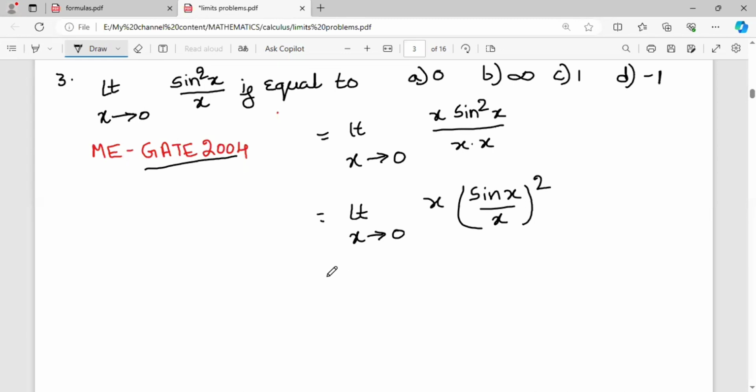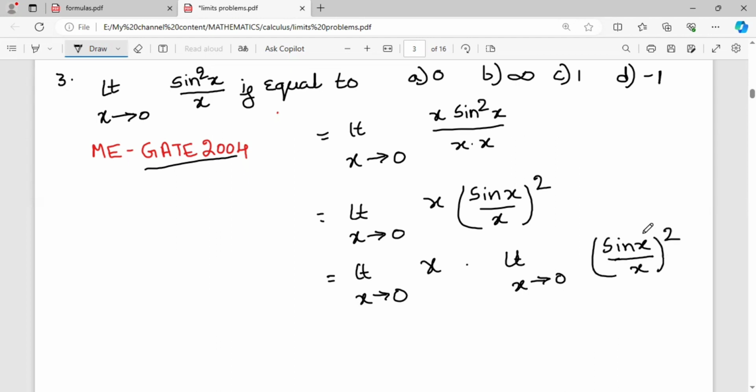So this can be written as limit x tends to 0 of x, into limit x tends to 0 of (sine x by x) whole square.